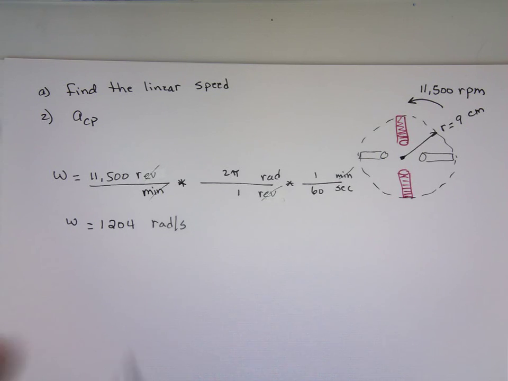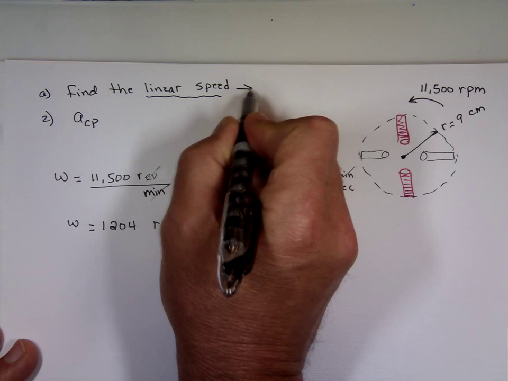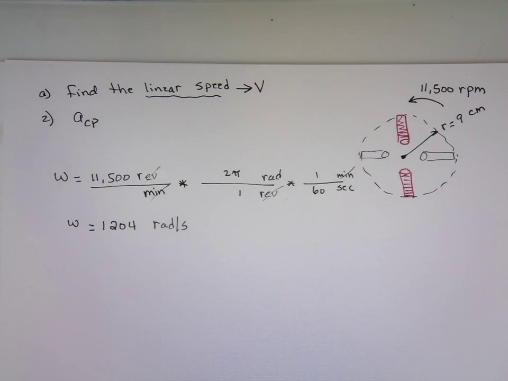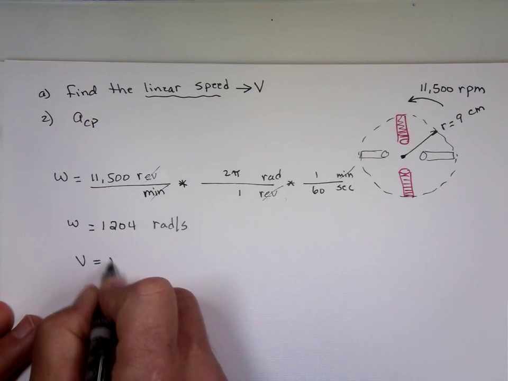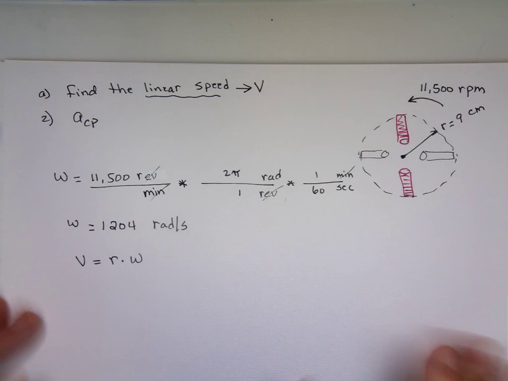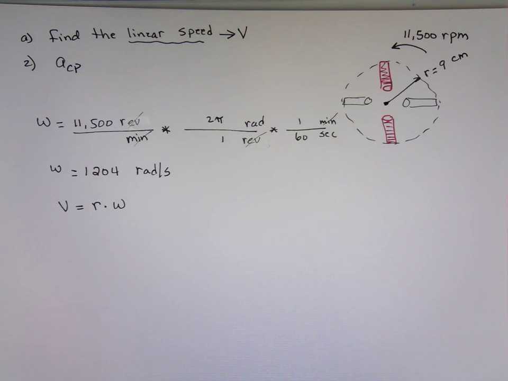Find the linear speed. What does that mean, linear speed? That means actually V, not W. W is the angular speed. Find V. Well, V equals R times W. I know what R is, I know what W is.